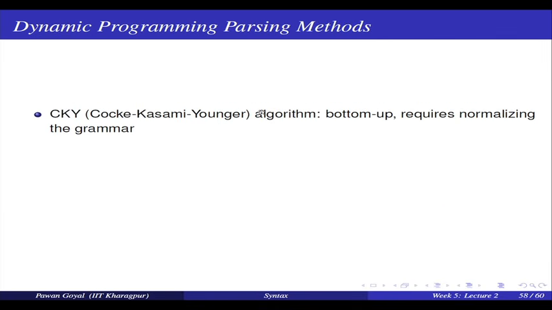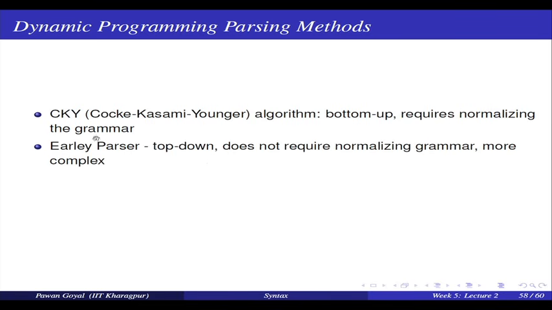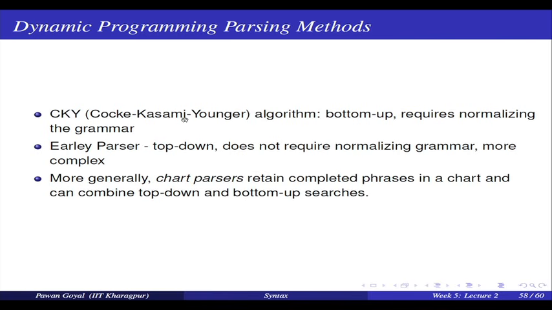So what are the different approaches for dynamic programming parsing? One very popular algorithm is the CKY algorithm that works in bottom-up manner. You will do it for individual words, then you go to the sequence of 2 words and so on, up to the whole sentence. The only thing is that it requires some normalization of the grammar, that we will also see. Then there is the Earley parser, that is again very popular, that works in top-down manner. It does not require any normalization of the grammar and is slightly more complex than the CKY algorithm.